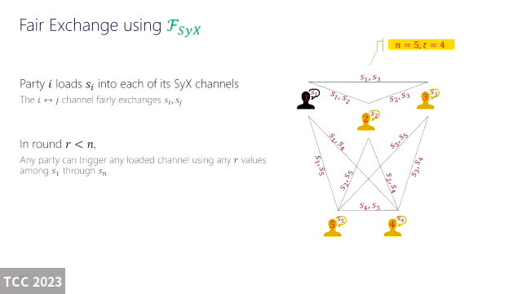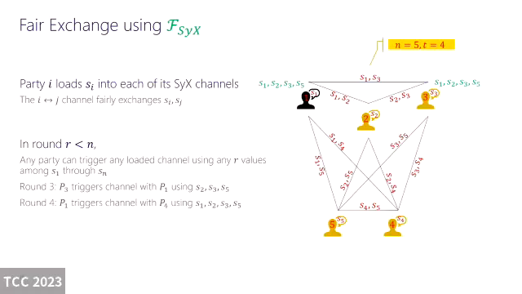To see why this protocol works, let us consider the case of t equals 4, where party P1 is honest and party P2 through P5 are corrupt. Suppose that in round 3, party P3 triggers the SYX functionality with P1 using the inputs S2, S3, S5. At this point, both P1 and P3 will learn the inputs S1, S2, S3, S5.